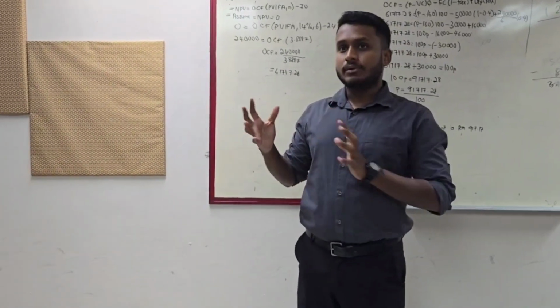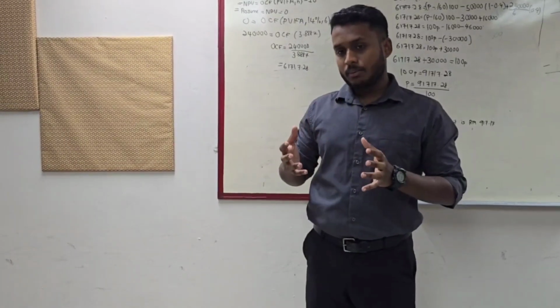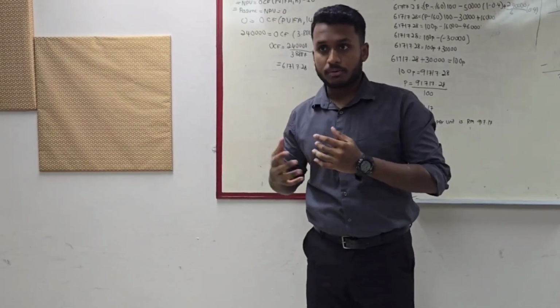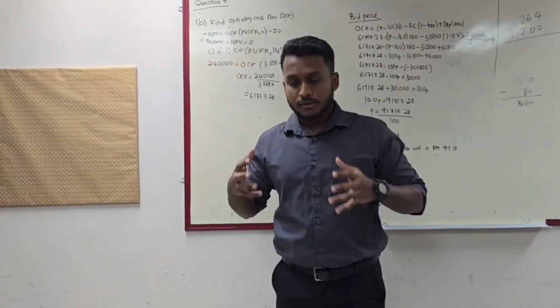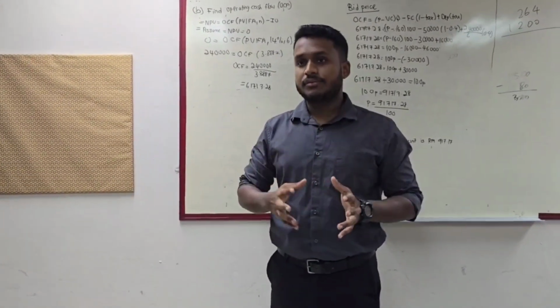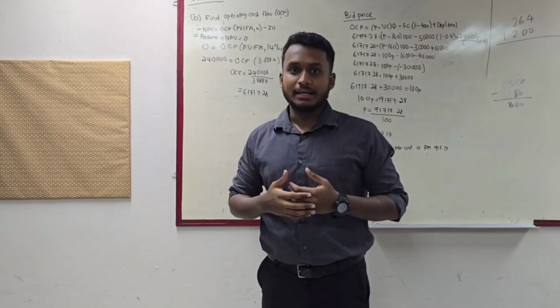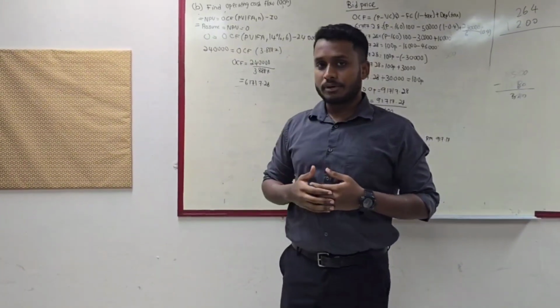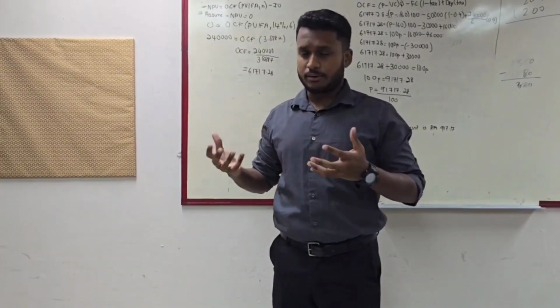In a real working environment, for example, if a company wants to launch a new product or expand their market, they want us to do the projected cash flow. From that we get the financial information, and from the financial information we can make a wise decision to expand our market. So these both questions are very important and aligned with the principles of corporate finance and the real working environment.